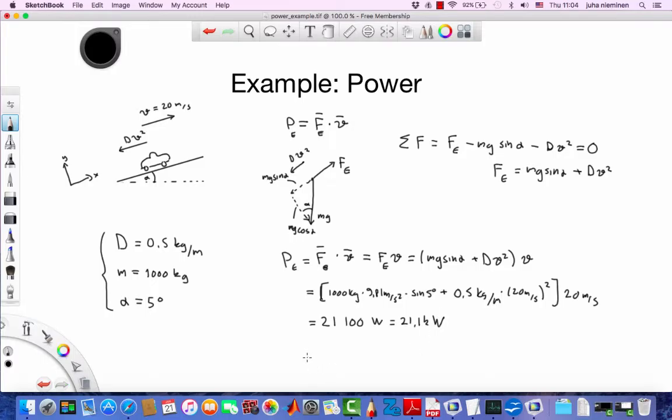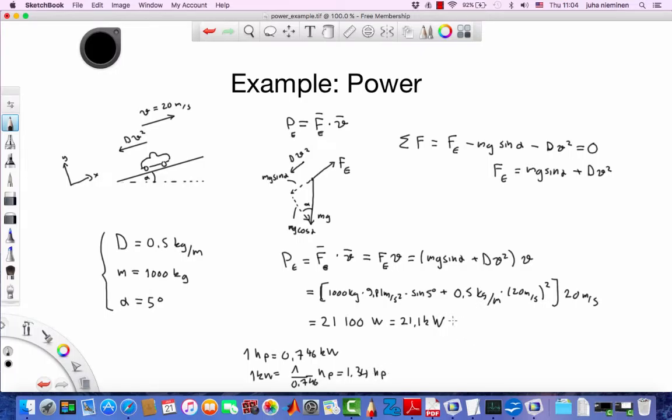And horsepower might be a more familiar unit. 1 horsepower is in fact 0.746 kilowatts, so 1 kilowatt is 1 over 0.746 horsepower, which is about 1.34 horsepower.